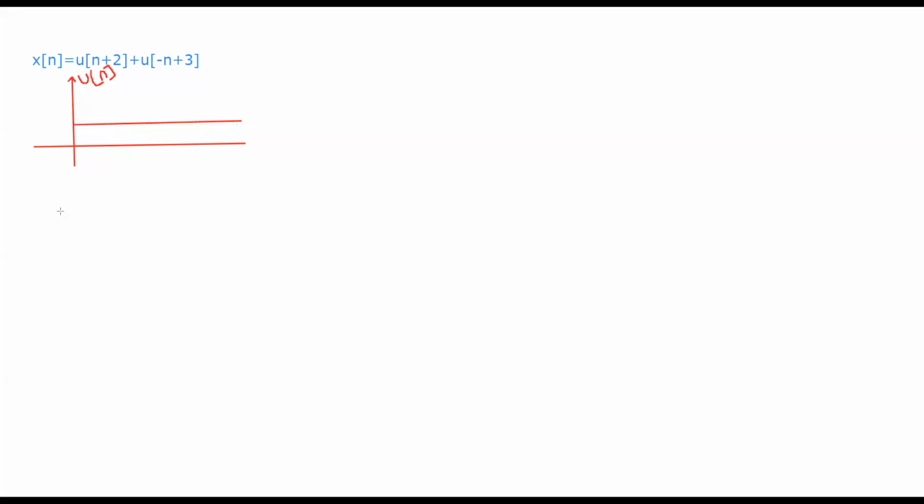This is u of n. First, let us try u of n plus 2 and then u of minus n plus 3. As we all know, u of n plus 2 means u of n is shifted towards left by 2 units of time.